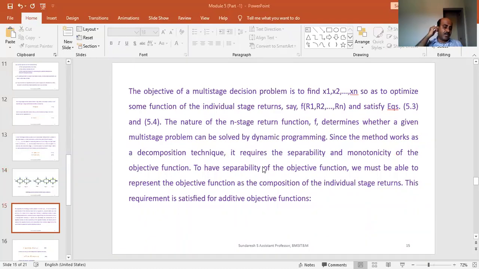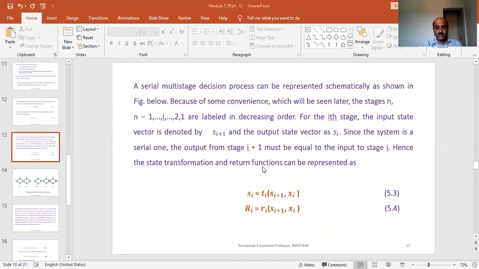The objective of the multi-stage decision problem is to find x1, x2, ..., xn so as to optimize some function of the individual stage returns r1, r2, ..., rn, satisfying equations 5.3 and 5.4. So this is how we have written Si is equal to Ti of Si plus 1 and Xi, and Ri is a function of Si plus 1 and Xi.